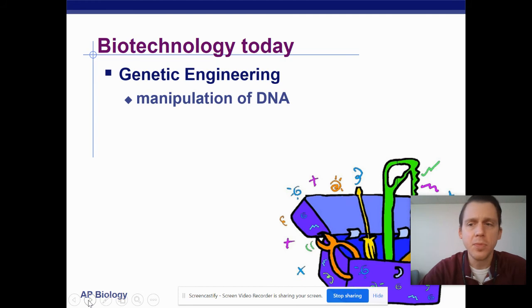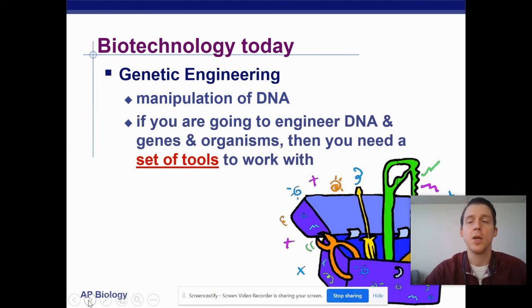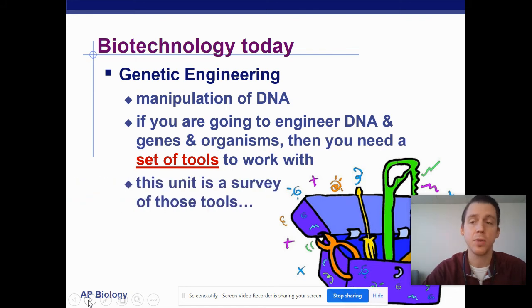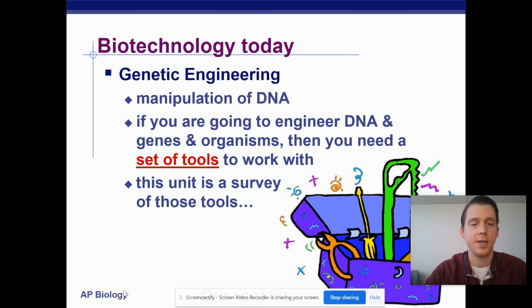One of the main concepts we're going to be talking about is the idea of genetic engineering, which is when we manipulate DNA. And we need a set of tools to work with if we're going to be manipulating DNA. So, this unit is going to survey some of those tools and some of those techniques we need to manipulate DNA. Our toolkit, as it says there, it's kind of hidden by that bar.